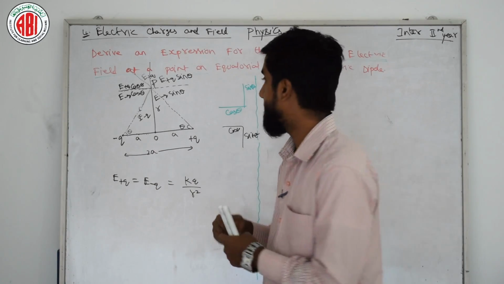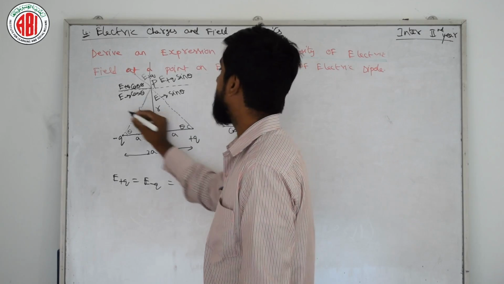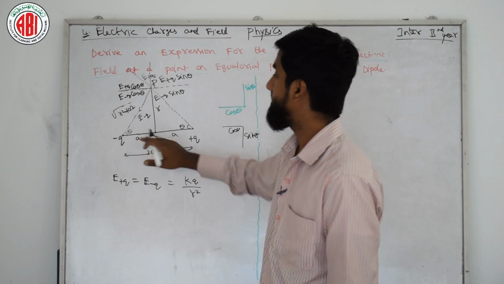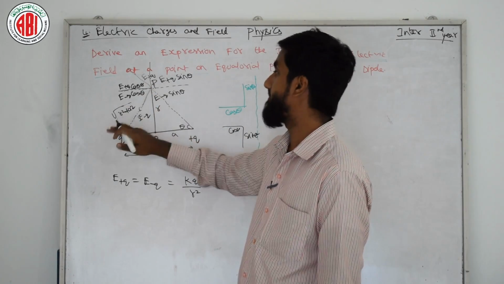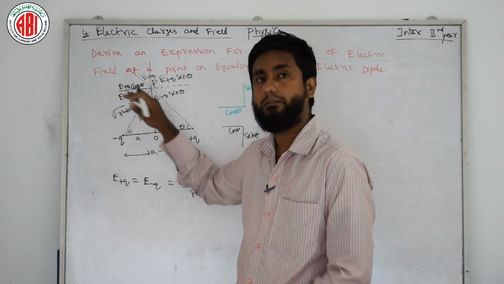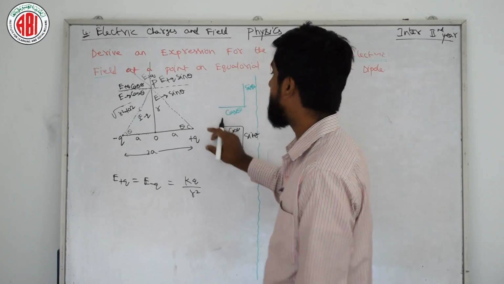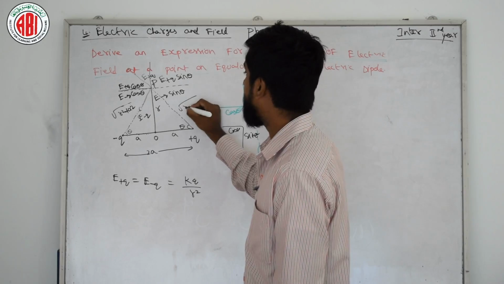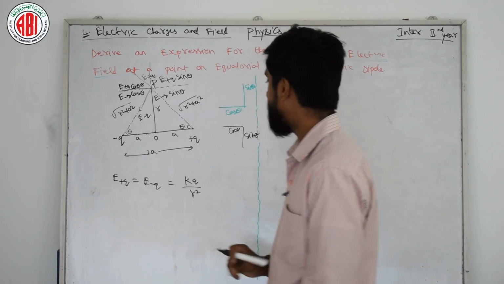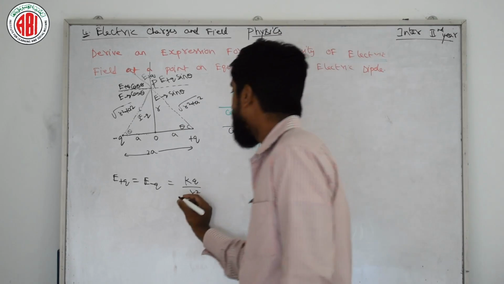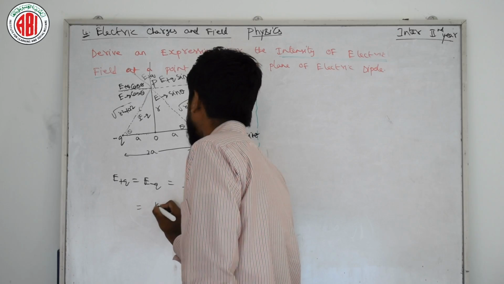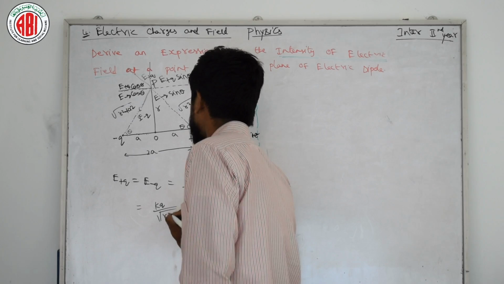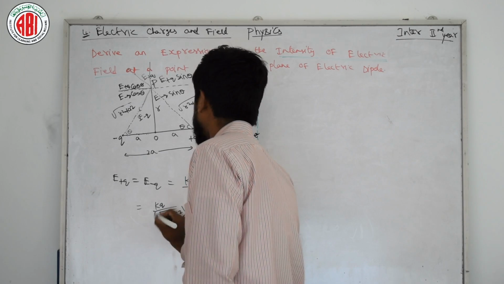From Pythagoras theorem, the distance between minus q and P becomes under root of r² plus a², and here also the same: the distance between plus q and P becomes under root of r² plus a². So we can write this resultant as kq/(under root of r² plus a²) whole squared.